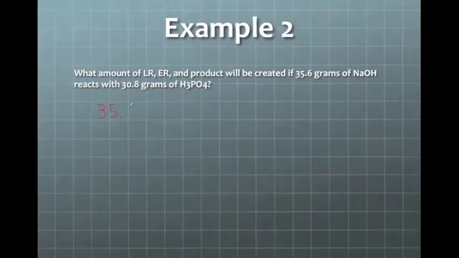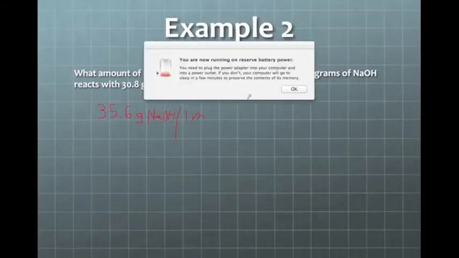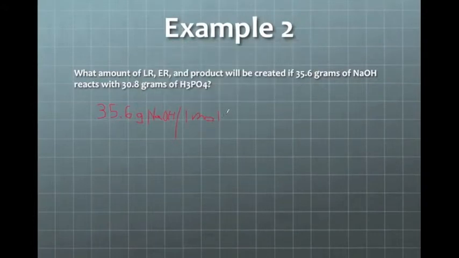To find the excess reactant, first you use 35.6 grams of NaOH, then you convert that into moles using the molar mass, then you convert it into moles of H3PO4 using the conversion factor in the equation.